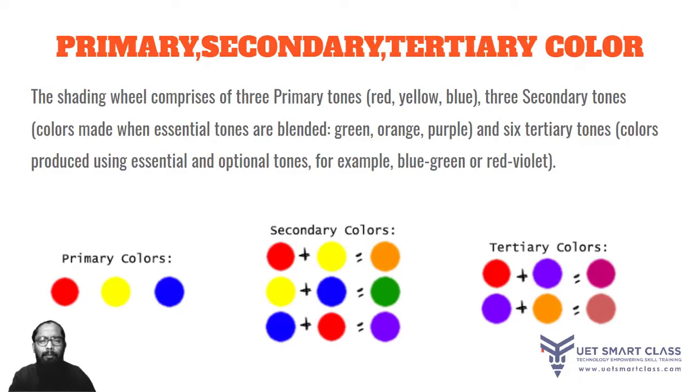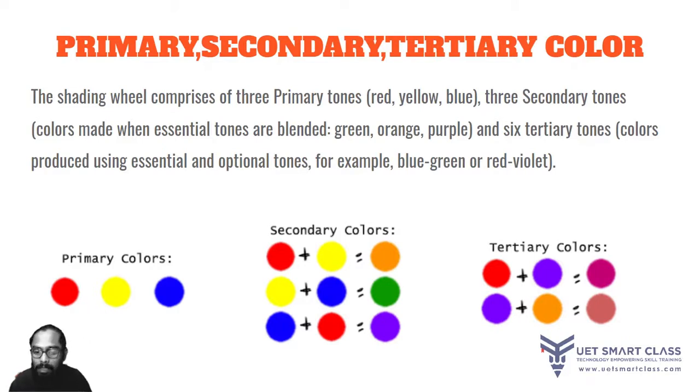The wheel comprises 3 primary colors, red, yellow and blue, and 3 secondary colors, made when primary colors are blended: green, orange and purple. Secondary colors originate from the primary colors. Primary color is the main base of my color, please keep it in your mind. Then the secondary color is generated from my primary colors as well.